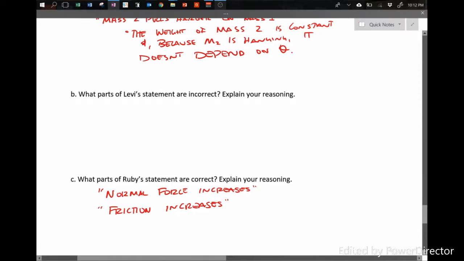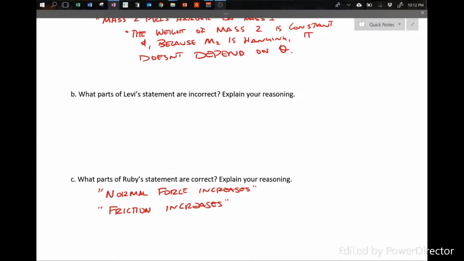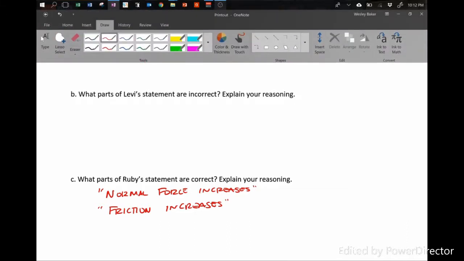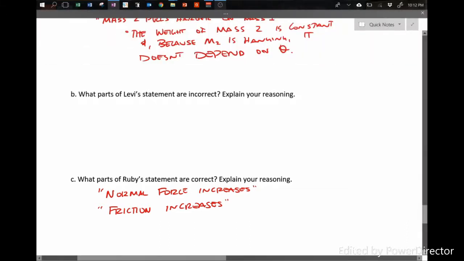In as much as you possibly can, please quote the parts of the question that are correct or the statements that are correct and incorrect. And it can be a very brief explanation, but please, please, please be very clear on what you're choosing there.